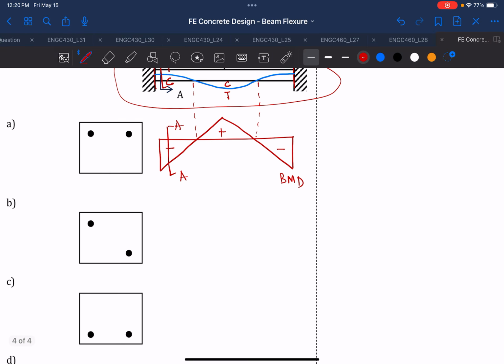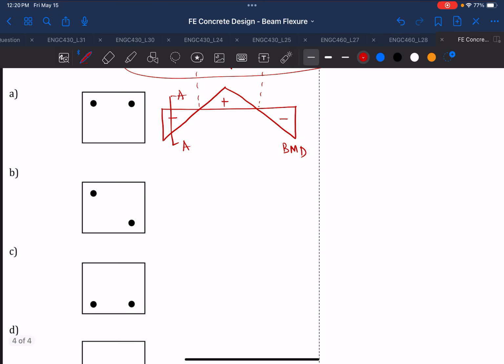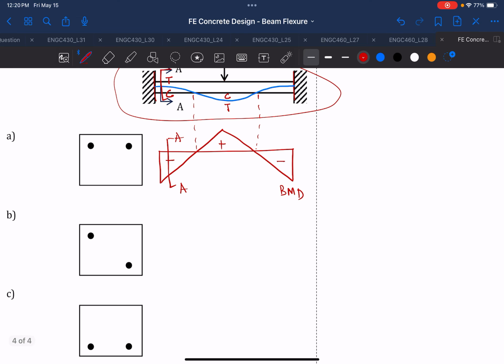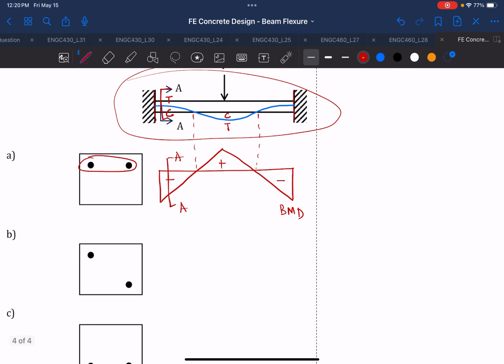So in this case, you have multiple options. Let's look at option A. In option A, you're providing the steel at the top, and this is what we actually need, because concrete is weak in tension. To resist the tensile stress developed in the concrete, we need to provide steel reinforcement.